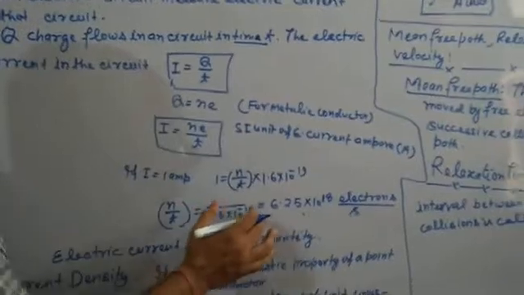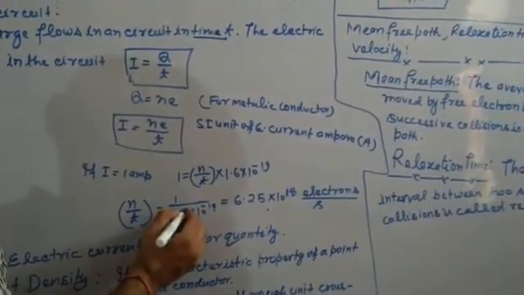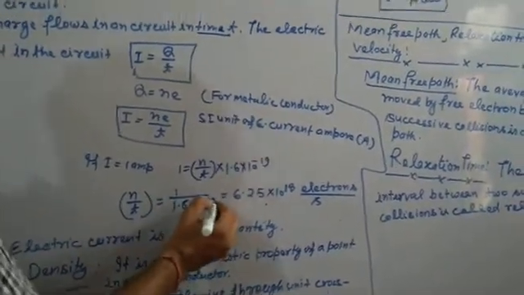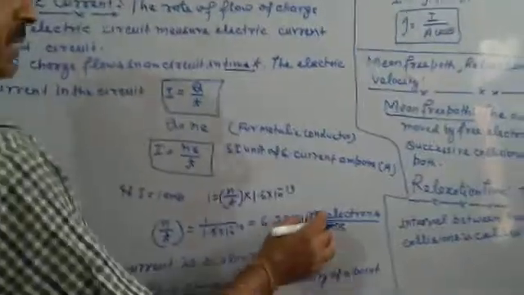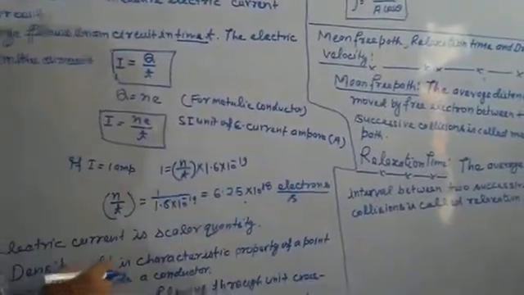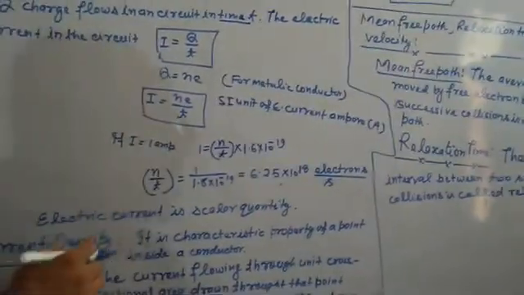So n by t is 1 upon 1.6 into 10 power minus 19, which is 6.25 into 10 power 18 electrons per second. This means 1 ampere current is equivalent to 6.25 into 10 power 18 electrons per second.